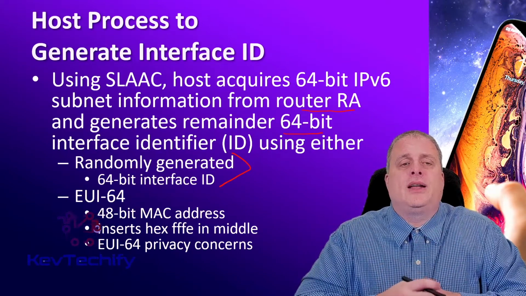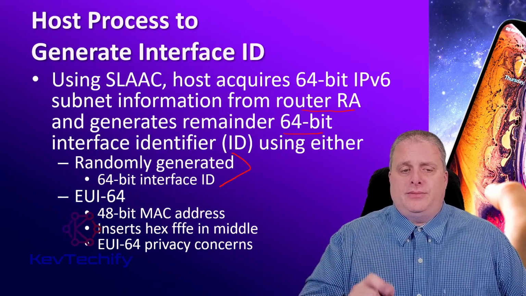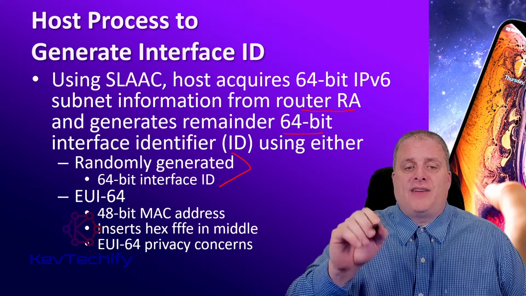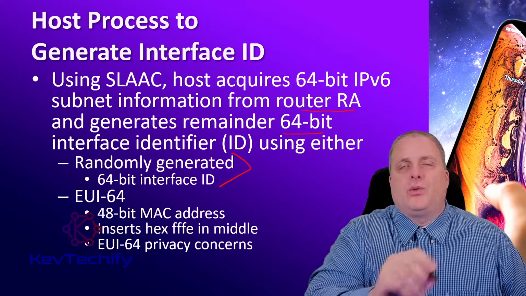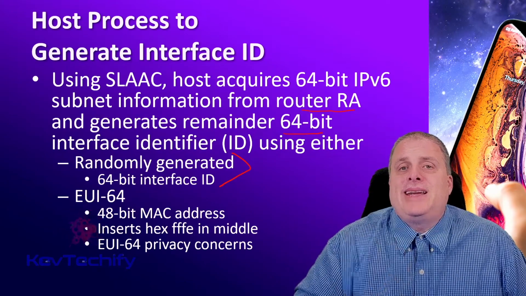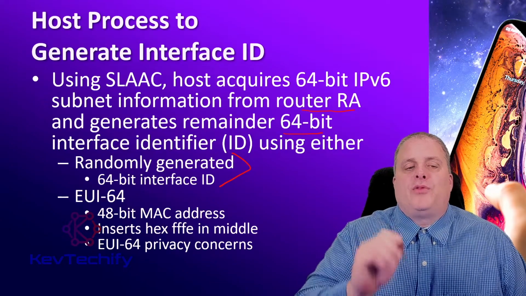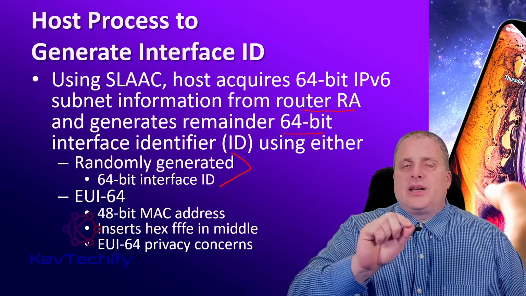And when you look at an IP version 6 address and you look at the last part of it, if it has FFFE in the middle of that last part, you can tell that we used the EUI64. There is an issue that some people have with using the EUI64.